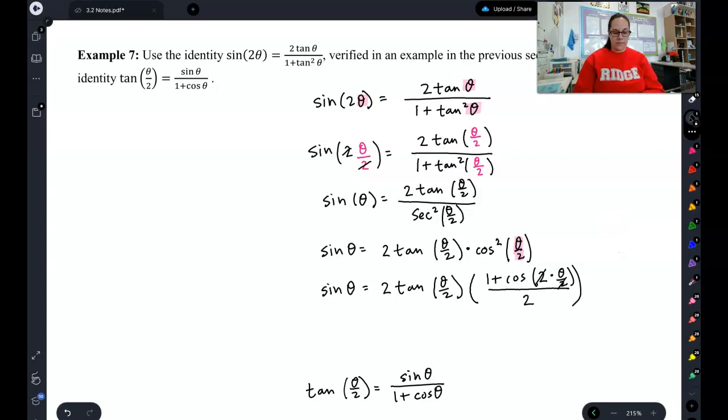There we go. Okay. And I end up with sine of theta equals 2 tangent of theta over 2 times 1 plus cosine of theta all over 2.